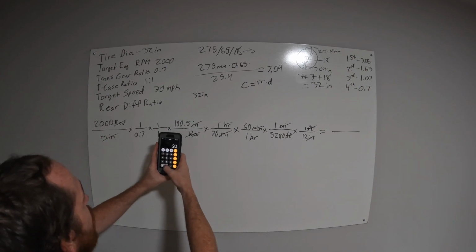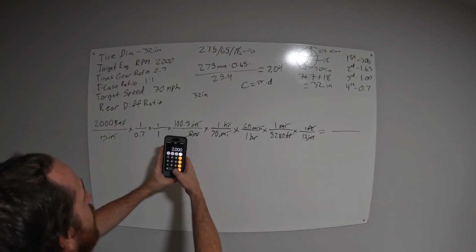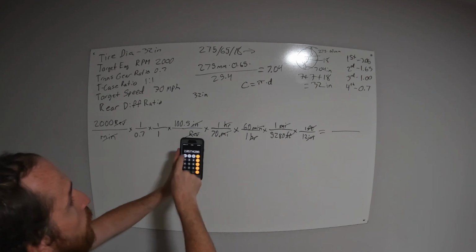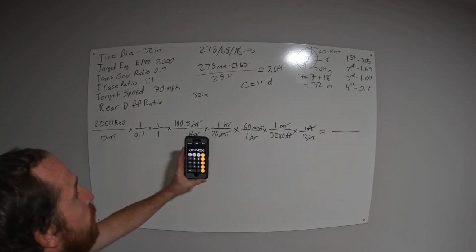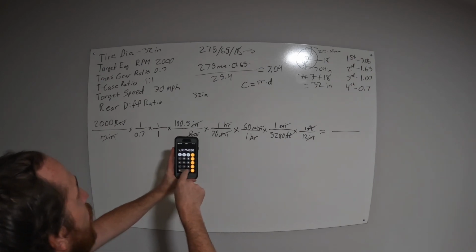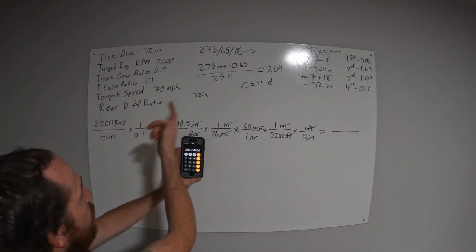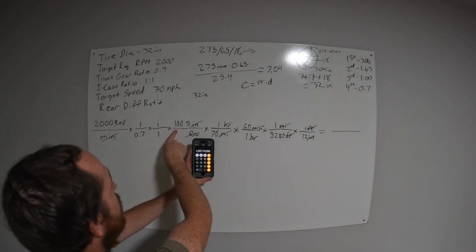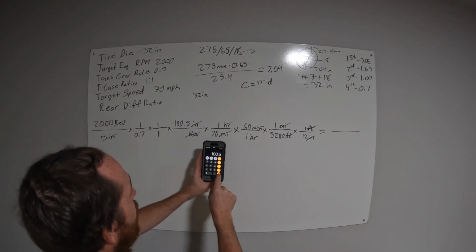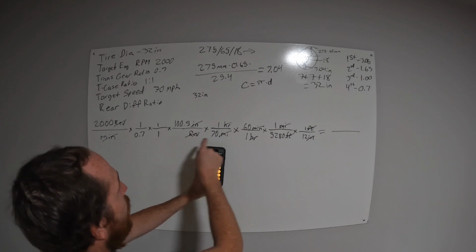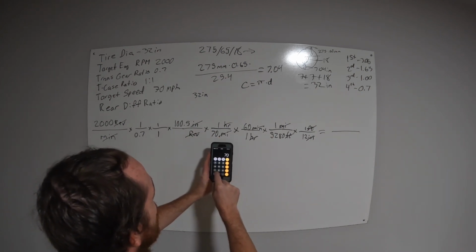Let's throw this in the calculator and see what it comes out to be. We have 2,000. Let's divide that by 0.7. That's how you account for your overdrive. Then let's multiply that by 1, and multiply that by 100.5. Let's divide that by 70.